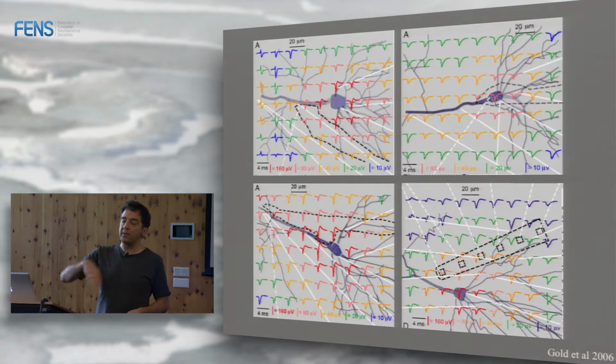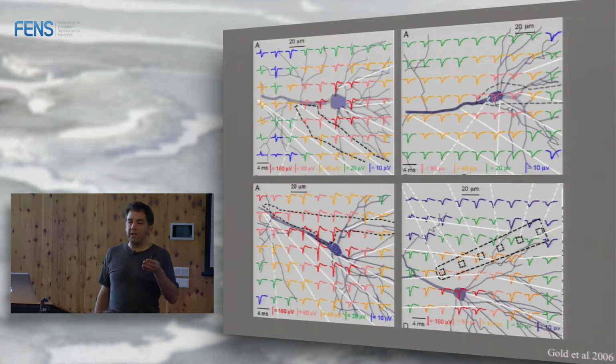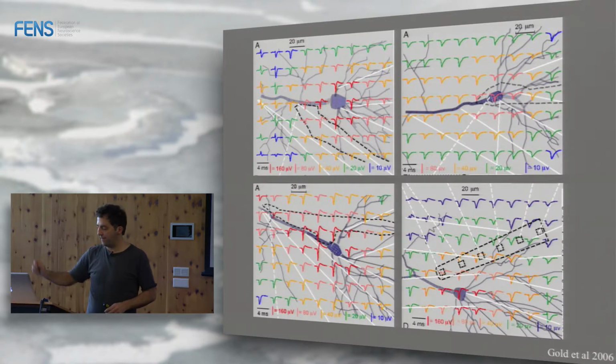If you're interested in even higher frequencies, like fast ripples that have been described at 200, 300 hertz, you better start higher. So your low-pass filter will be maybe 1,000 hertz, from 0 to 1,000 hertz. Now, if you're interested in spikes, you can start high-pass filtering from 300, and you're fine. You kill most of the EEG activity, and now you can see the spikes very clearly.